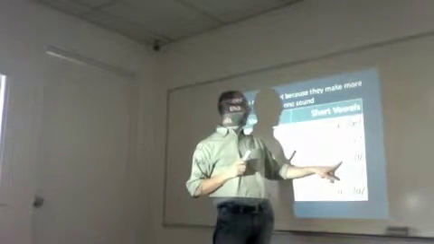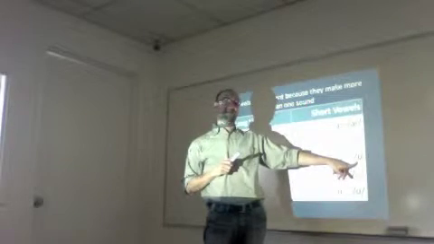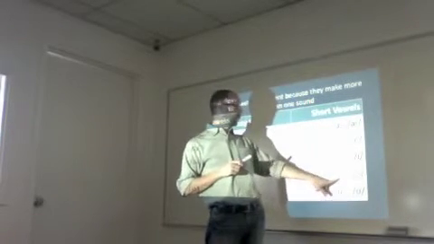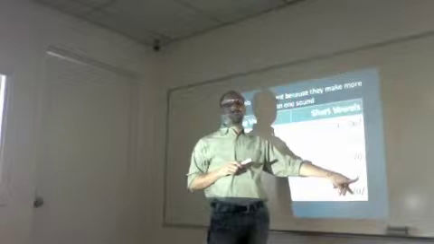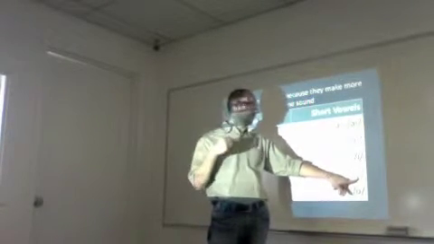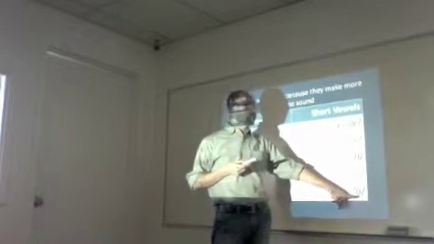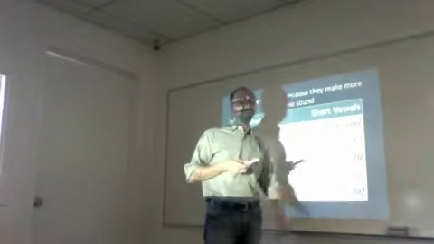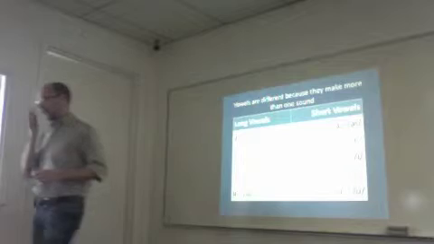The short I is ih. The short O is ah, like in my name, Rob. Ra, ah. That sound is the short O. So we're going to practice these, and you'll get them.